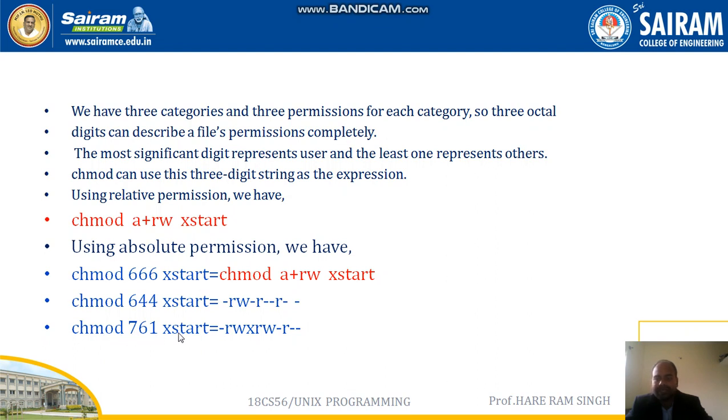Next one, chmod 761 means 7 permission you are giving to user. User has all the 3 permissions: read, write, and execute. 6 permission to group. 6 means read and write. Read and write permission to the group.